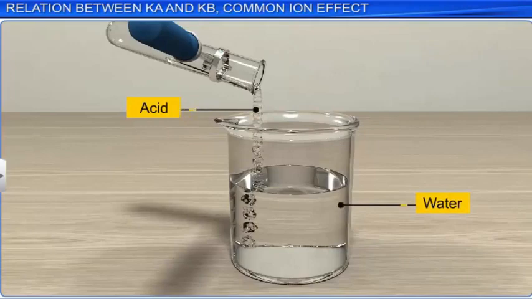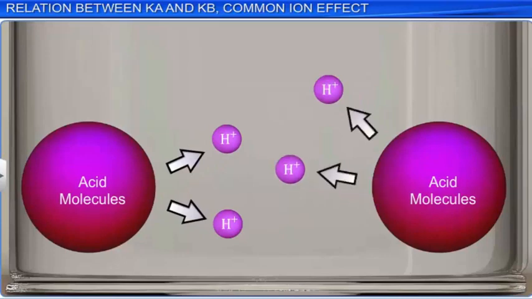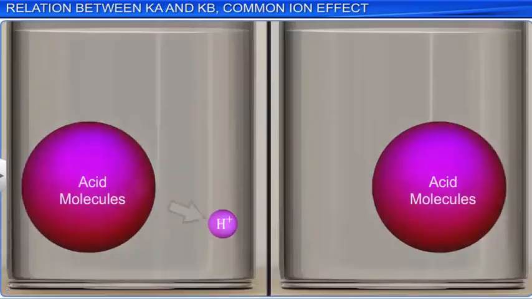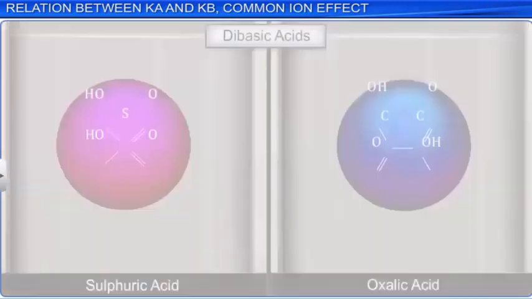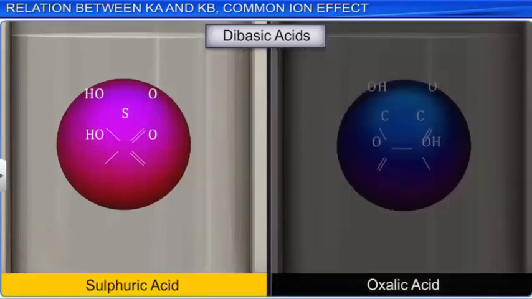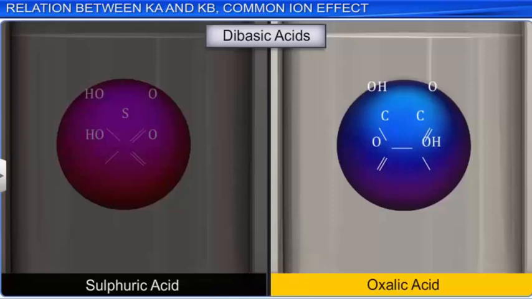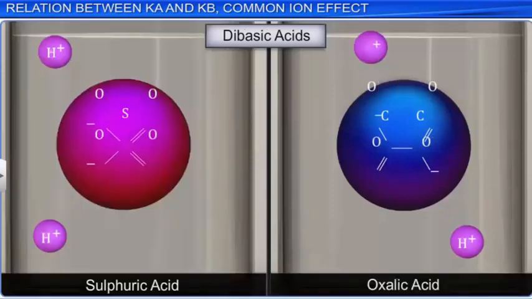Some of the acids can donate more than one proton in their aqueous solution. Such acids are known as polyprotic acids or polybasic acids. For example, sulfuric acid and oxalic acid, which have two ionizable protons per molecule of the acid that can be donated, are called dibasic acids.